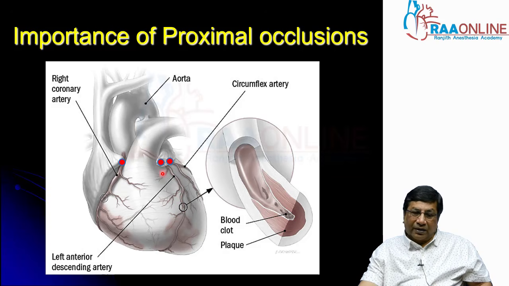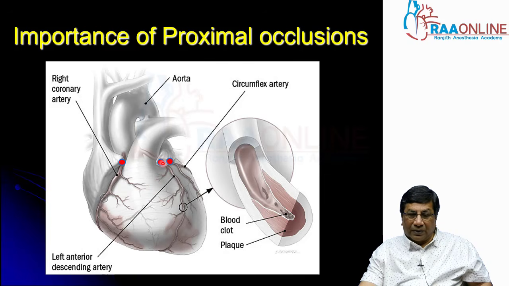One. Second, the proximal left anterior descending artery branches as well as the proximal branches of the right coronary artery are the ones which supply our conduction system. The right coronary artery supplies the sinoatrial node and atrioventricular node, whereas the proximal branches of the left anterior descending artery supply the bundle branches and fascicles, which are the distal conduction system.